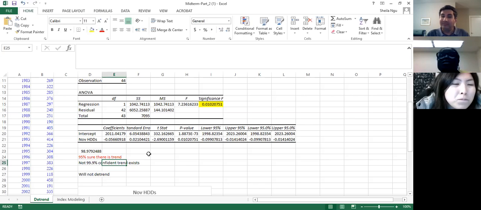Right. So just to review, my null hypothesis is that there is a trend. The null hypothesis is that there is no trend. Because remember, you want to make the null hypothesis the opposite of what you're trying to show, because you can reject a null with 95% confidence, but you can't be 95% confident the null is true. So you want to make the null opposite of what is interesting, basically.